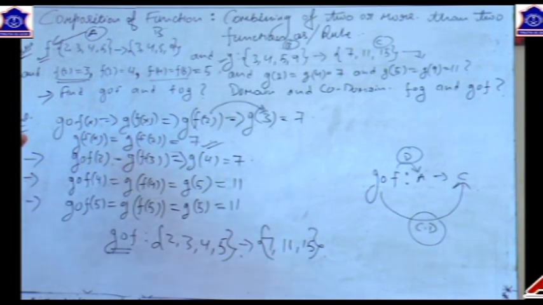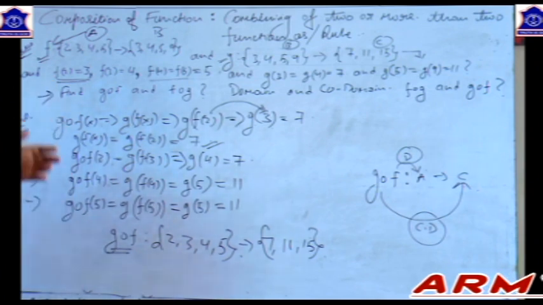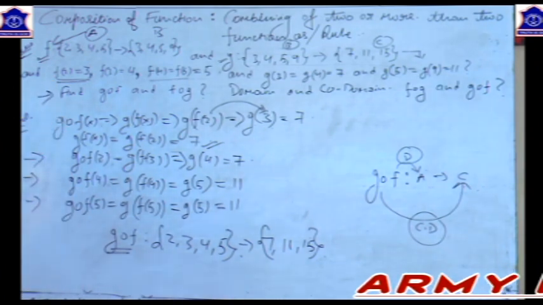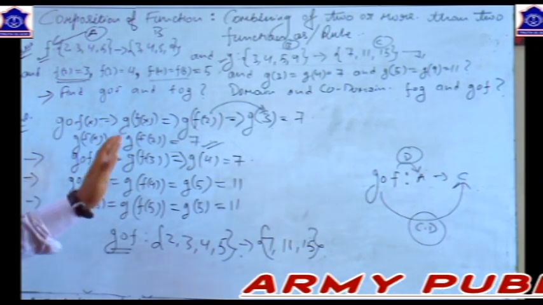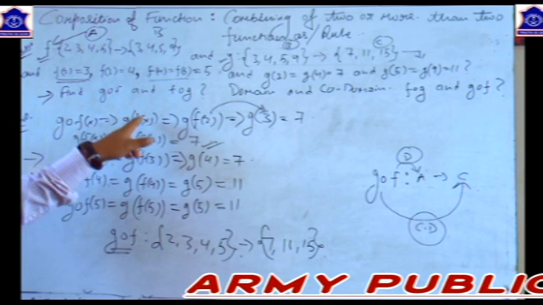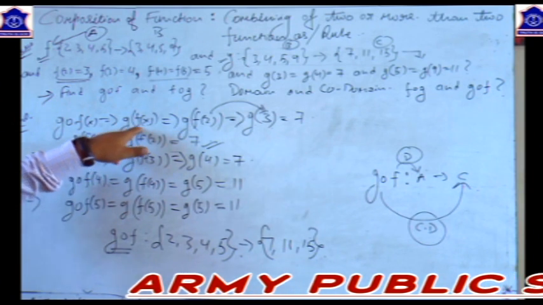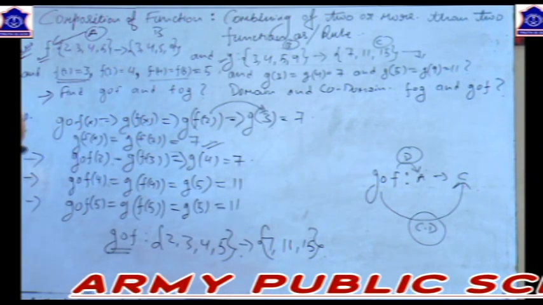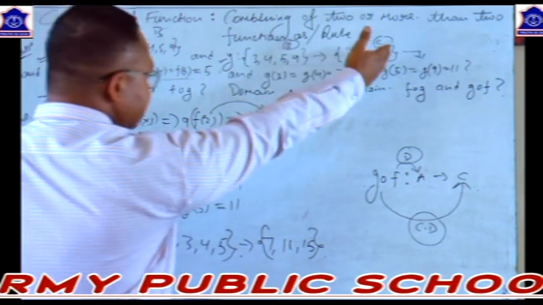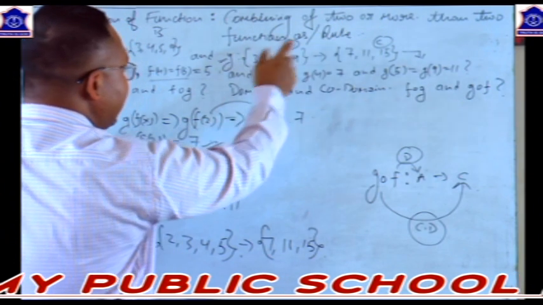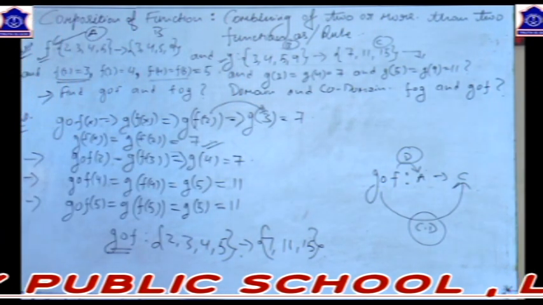Easily you can check it from here. Okay. So the question was find gof and fog. So it is clear that gof is a composed function which exists because on giving the values to x of f from the domain of a function, we are getting the elements of set C, which is the codomain of function g.